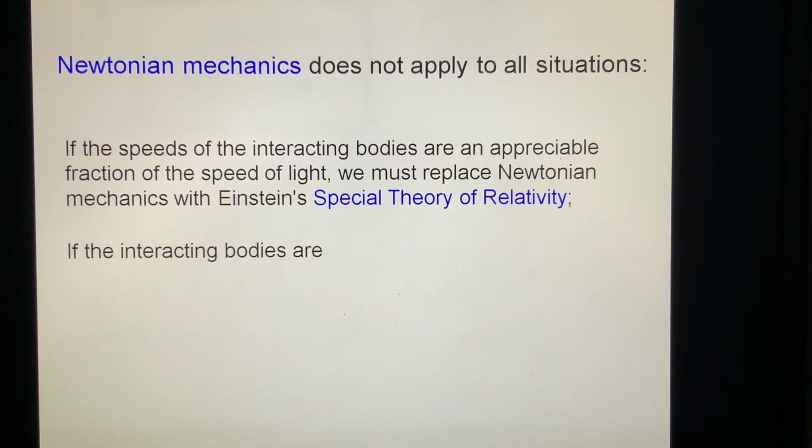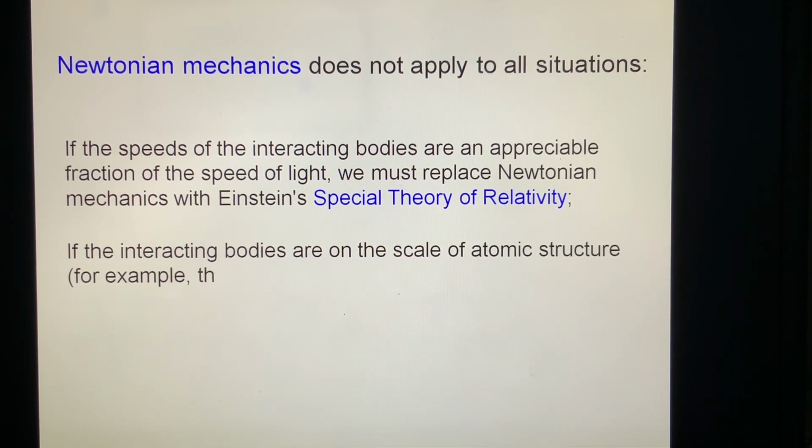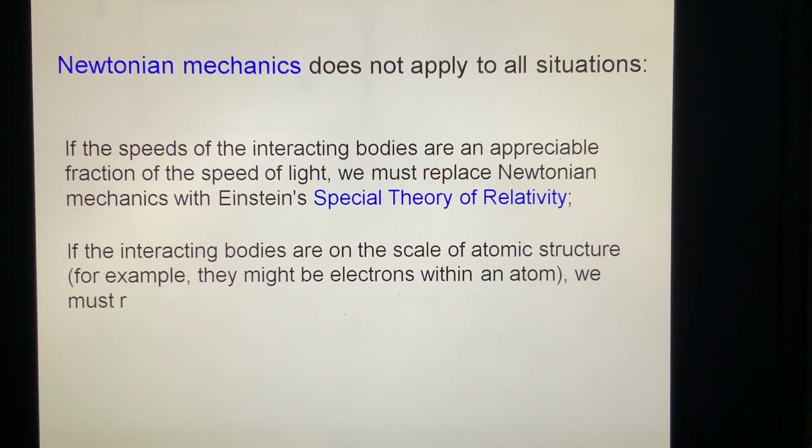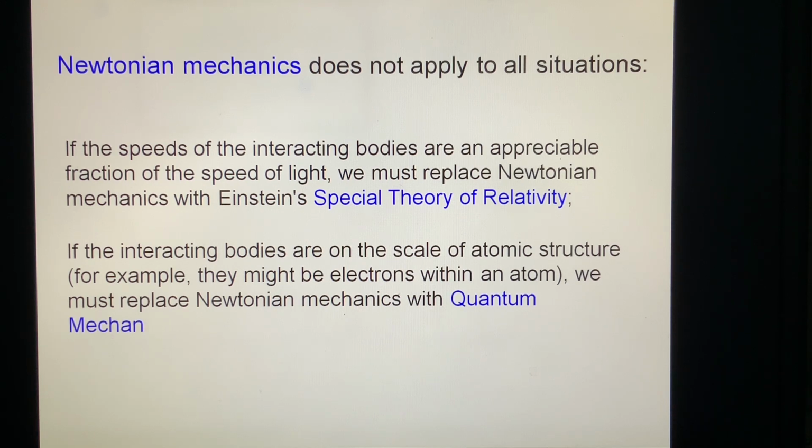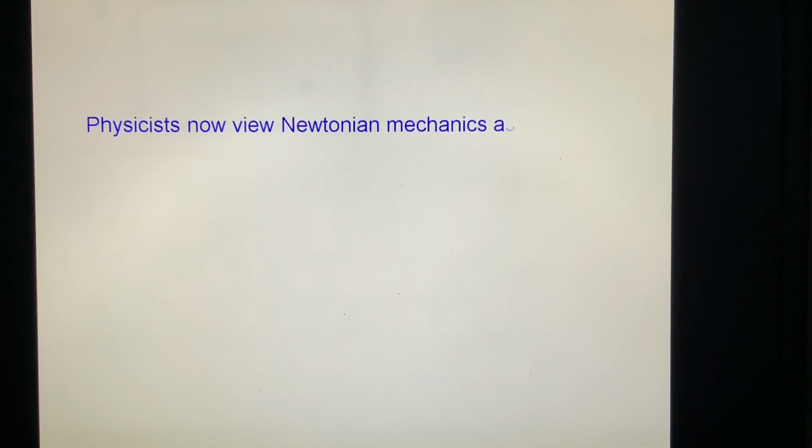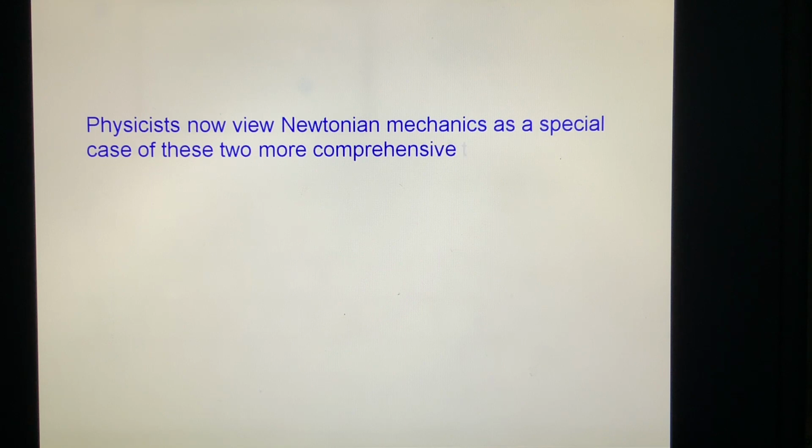If the interacting bodies are on the scale of atomic structure, for example, they might be electrons within an atom, we must replace Newtonian mechanics with quantum mechanics. Physicists now view Newtonian mechanics as a special case of these two more comprehensive theories.